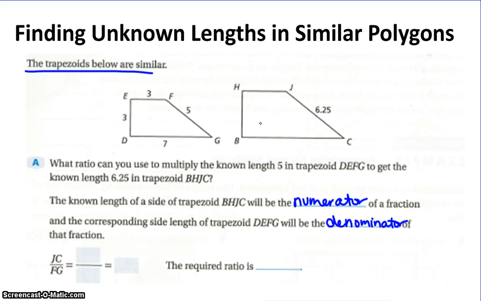So JC over FG. So if JC is 6.25 and FG is 5, then my similarity ratio must be 1.25.